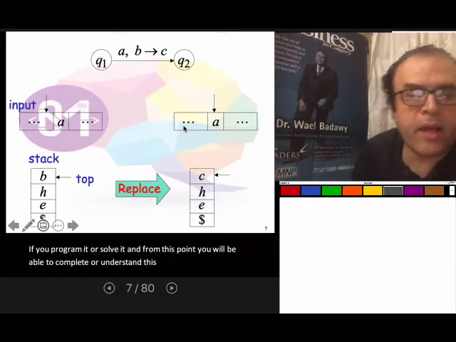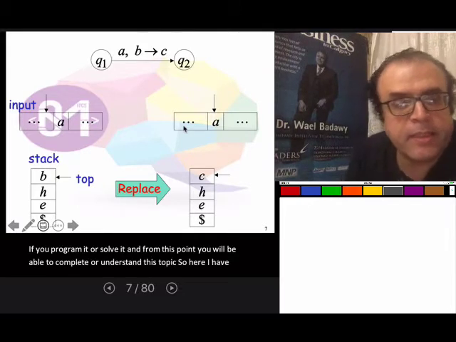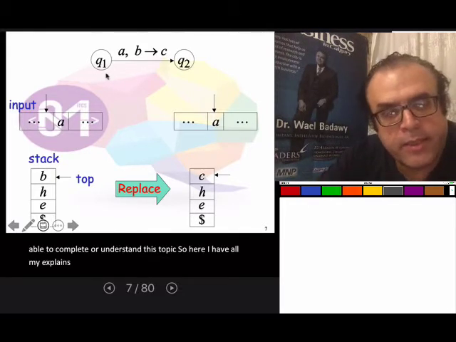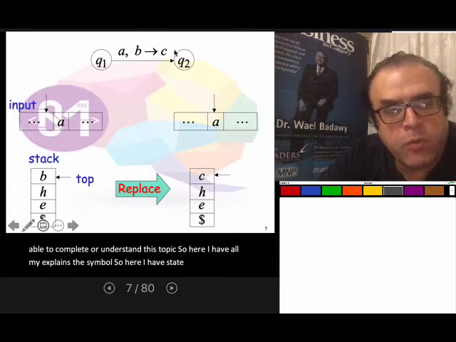So here I have all the symbols explained. Here I have state Q1, and I have to move to Q2.